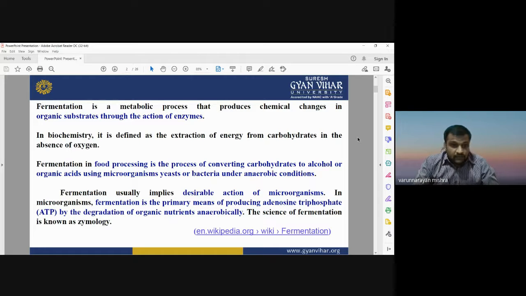body. Fermentation usually implies the desirable action of microorganisms. Fermentation is primarily a means of producing adenosine triphosphate, ATP, by the degradation of organic nutrients, and the science of fermentation is known as zymology.